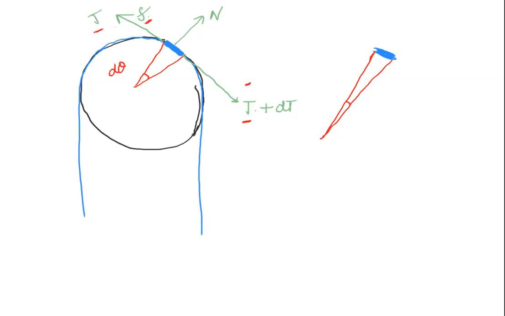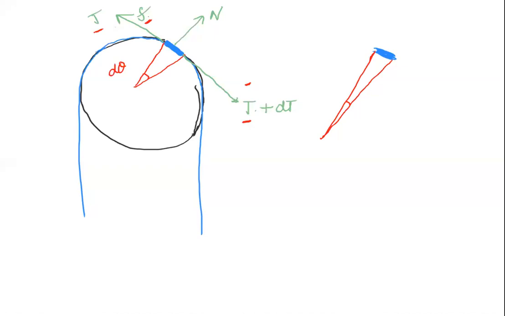And if you look at the interacting surfaces of the rope, the teeny tiny piece of rope and the pulley, then friction must be tangential to the circle of the pulley, right? So friction must either be where I have written F, or it must be in the opposite direction. It can be either way.